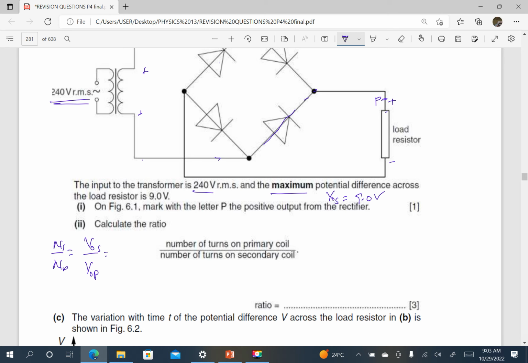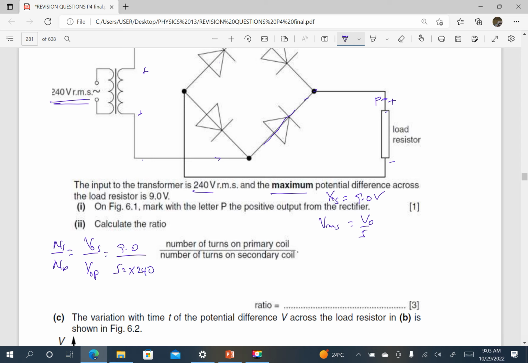For the secondary they have given us 9.0 volts. But for the primary they gave us root mean square. And remember, V root mean square is equal to V naught over root 2. So V naught is root 2 times that, root 2 times the V root mean square, which is 240.